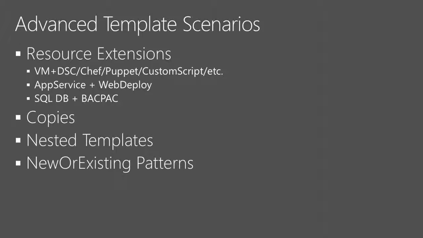And so what we allow you to do is add copies to that resource definition, which will tell our template language processor to expand those particular resource entities. Additionally, we allow you to nest templates with multiple deployments, and then we allow you to implement new or existing patterns. So one of the common questions that we get is, do you support conditional or if-then-else logic inside of Resource Manager templates?